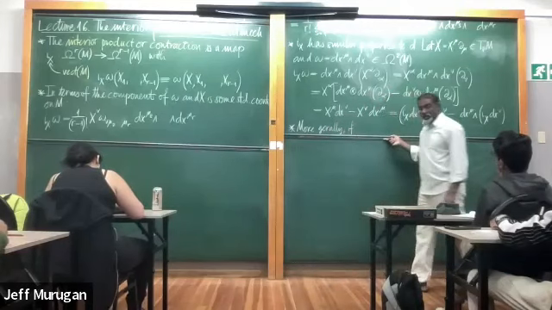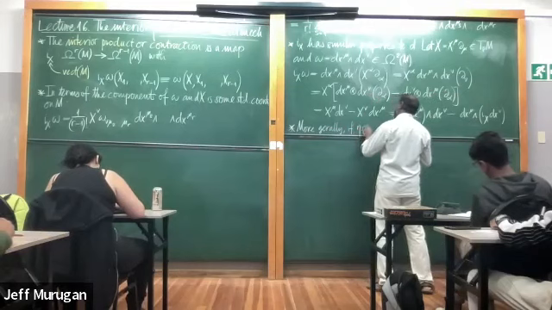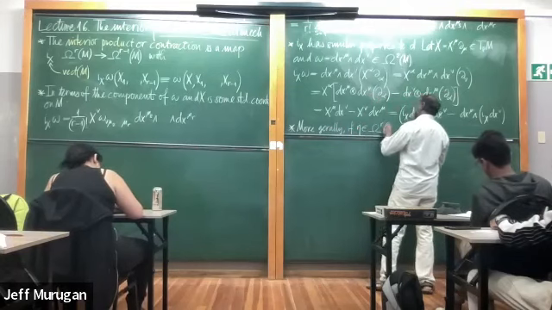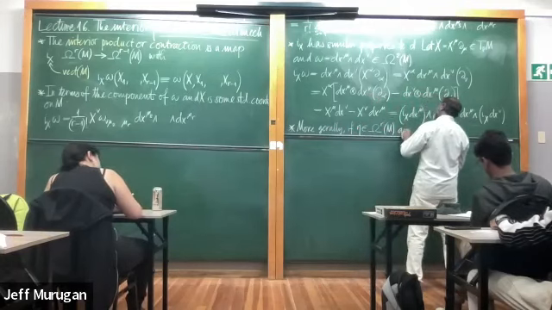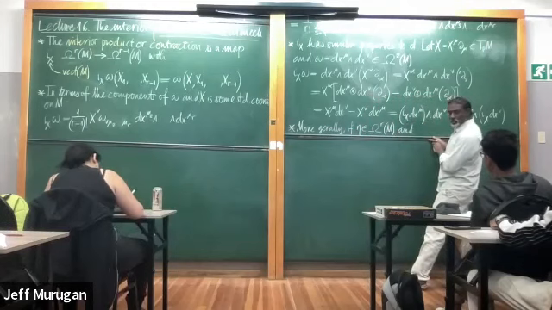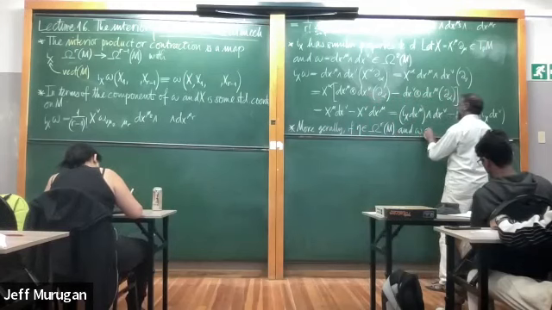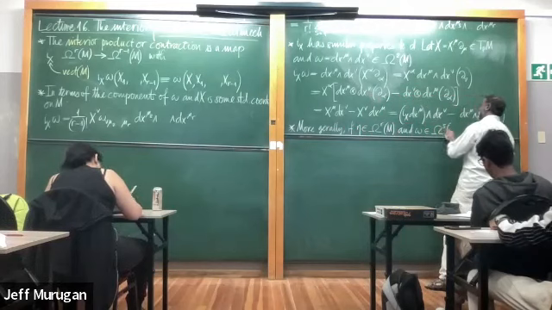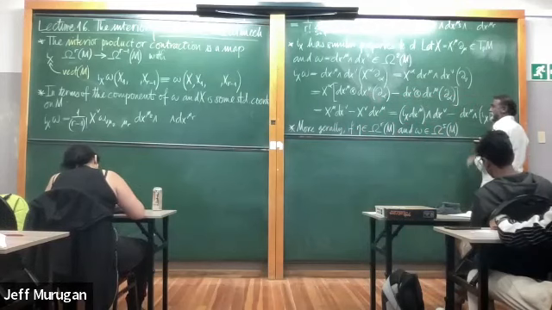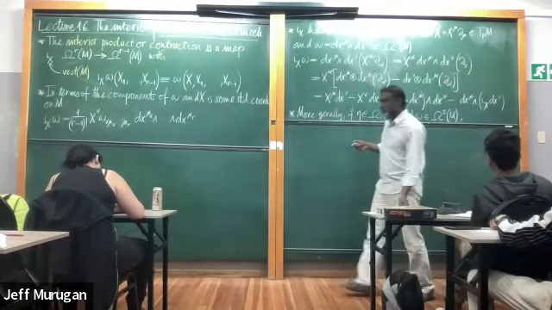If I have two forms, let's say eta an R form and omega, which is an F form, then the following is true.